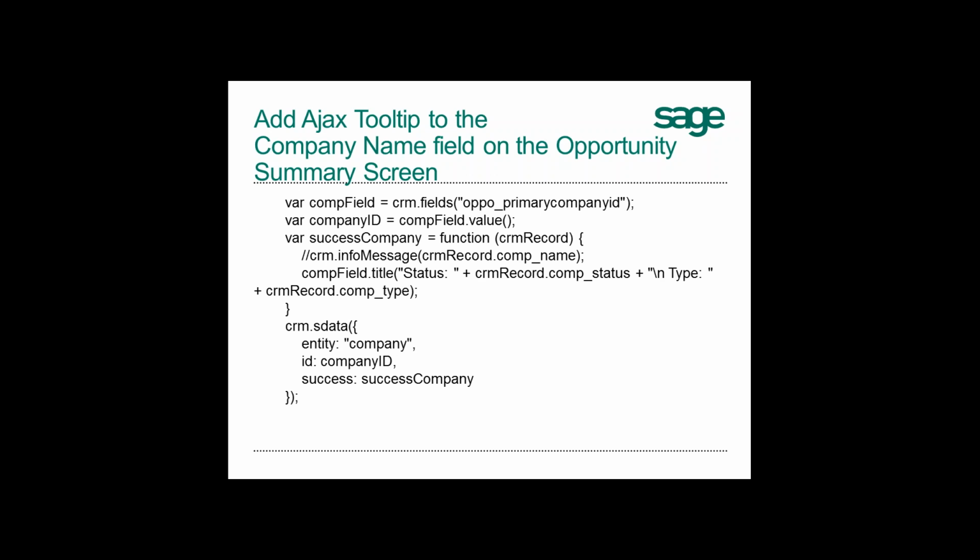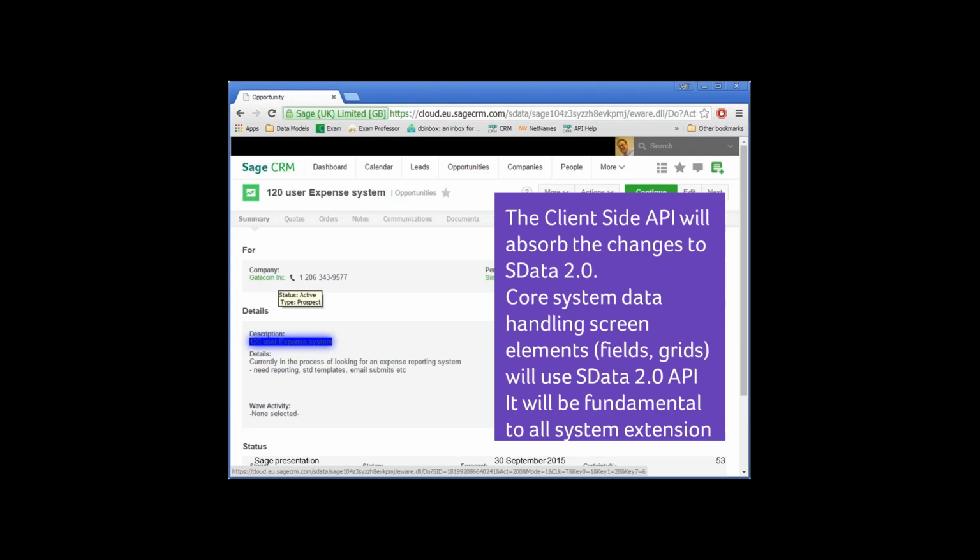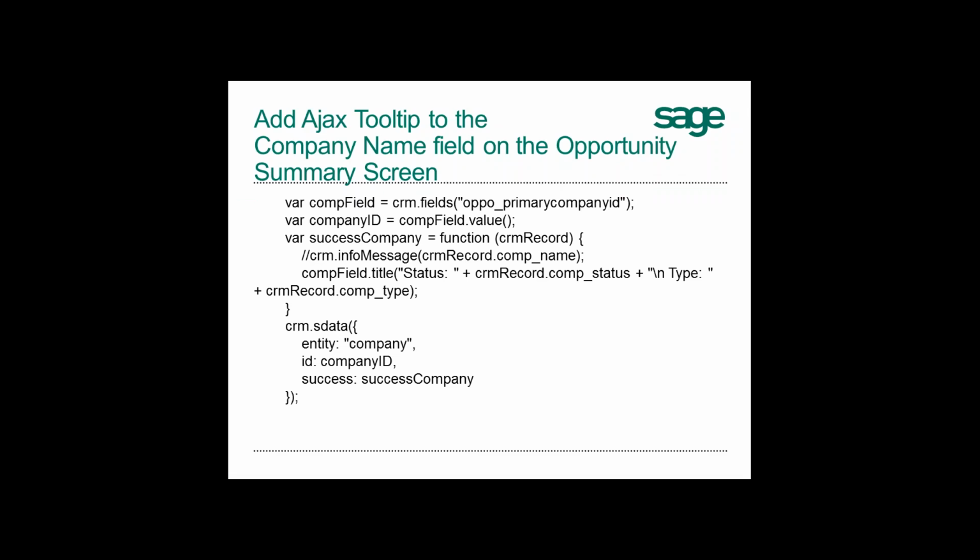And the success company function here is able to cope and work with whatever is the returned data object for that particular query. So we're literally here showing that using Ajax to show the tooltip as something hovers over it.